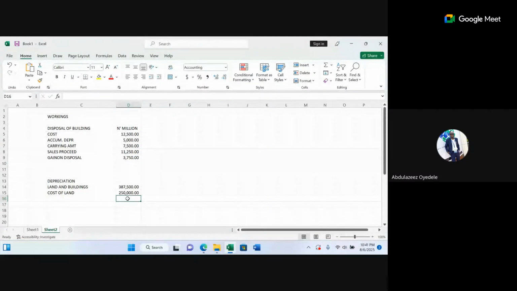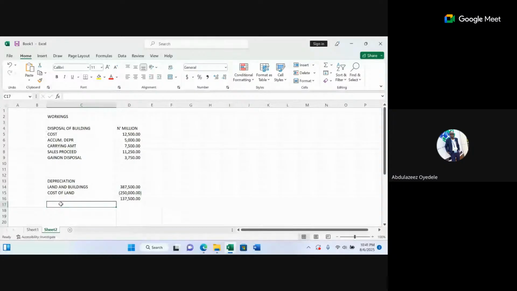So this is the cost of land from the land and building. So that means we're going to have 137,500 as the cost of building. Okay.